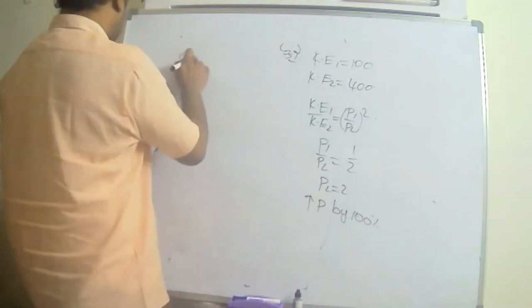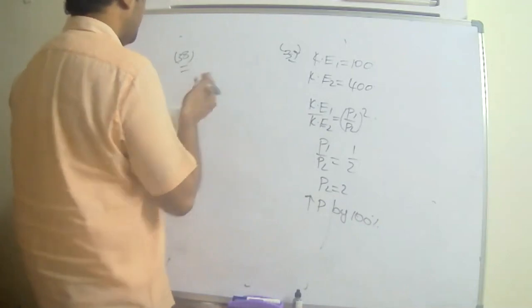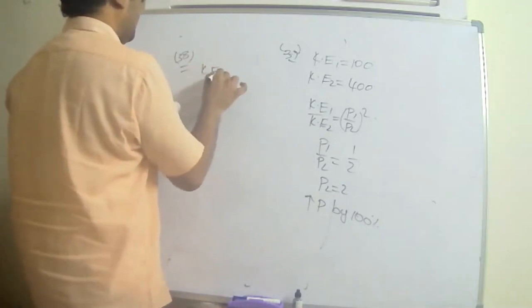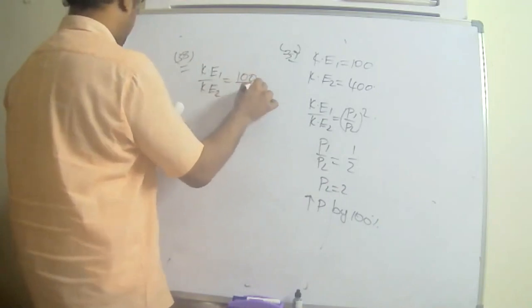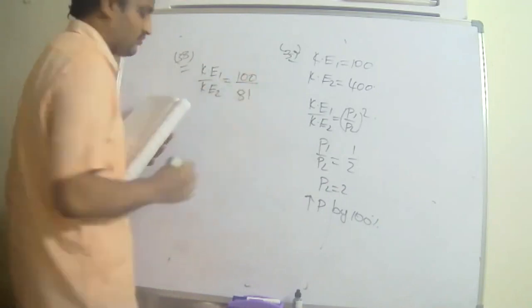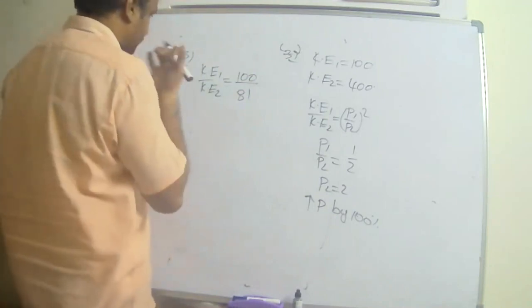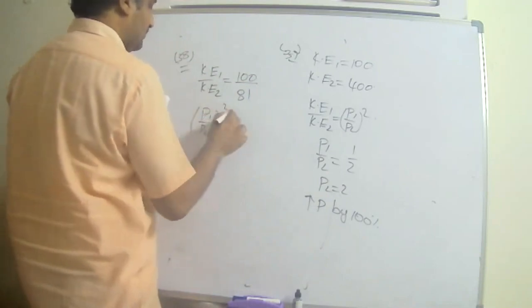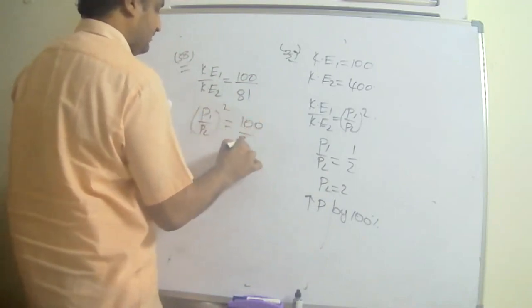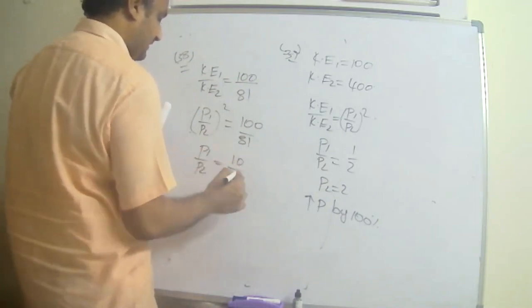If the kinetic energy of a moving body is reduced to 81%, Ke1 by Ke2 is equal to 100 by 81. Reduced to అంటే 81 కి వచ్చింది. So the momentum decreases to, So P1 by P2 whole square is equal to 100 by 81. So P1 by P2 is equal to 10 by 9.